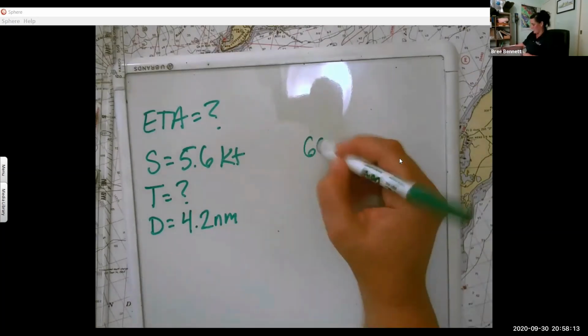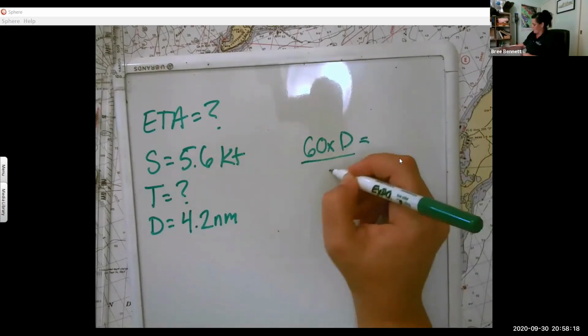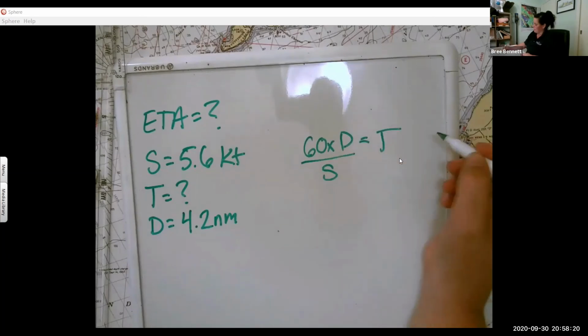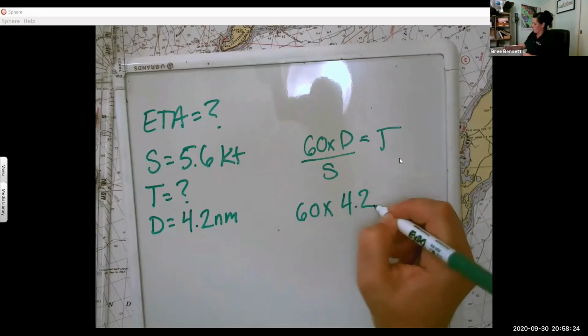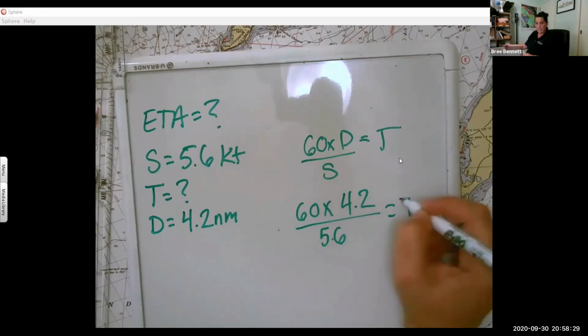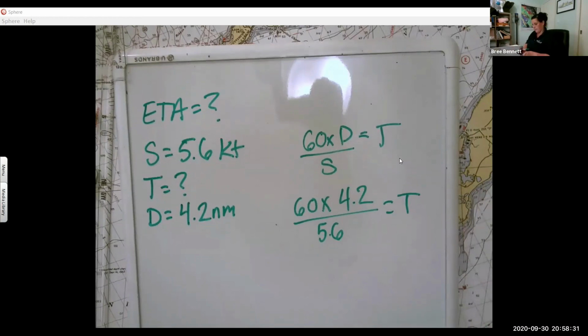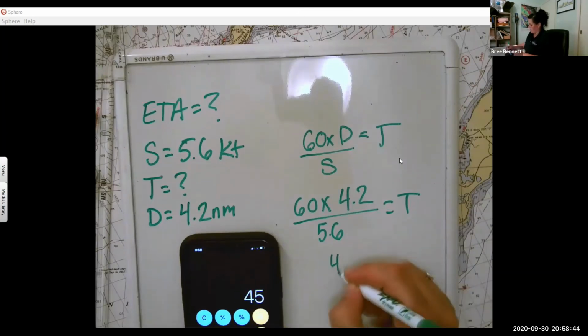So we have 60D divided by speed gives us time. 60 times a distance of 4.2 divided by a speed of 5.6 gives us time. 45 minutes? What did you guys get? 45 minutes. 45 minutes.